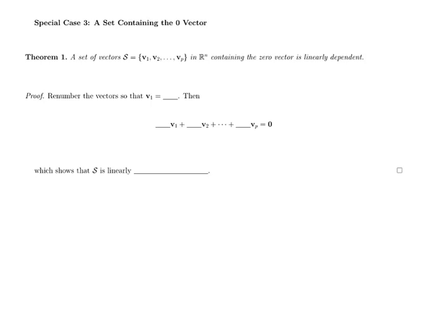The third special case is a set containing the zero vector. Doesn't matter how many vectors I'm talking about, but at least one of them is the zero vector. So let's look at a set of vectors S here, V1 to Vp in Rn, containing the zero vector. We're going to say that that is always linearly dependent, and we'll do a quick proof of that.